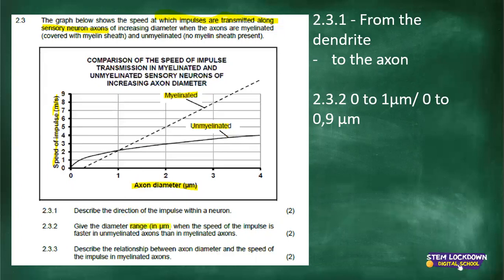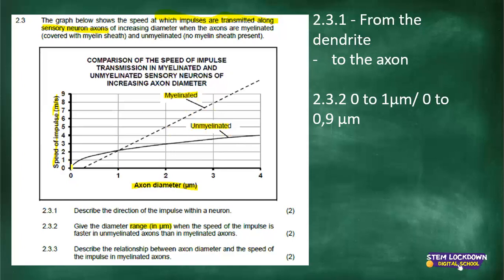The diameter is given in micrometers anyway. So we are comparing the unmyelinated axons and the myelinated axons. You write the part whereby the speed of the impulse was faster in the unmyelinated than in the myelinated.